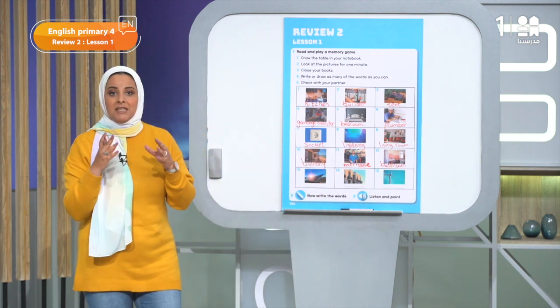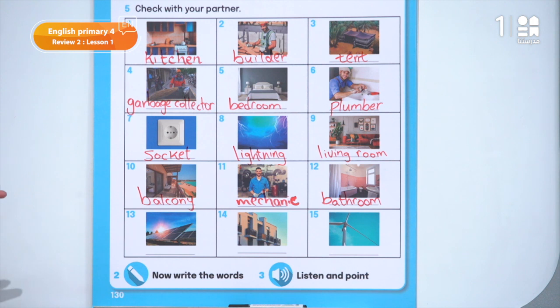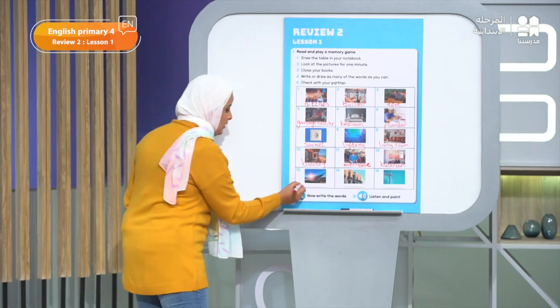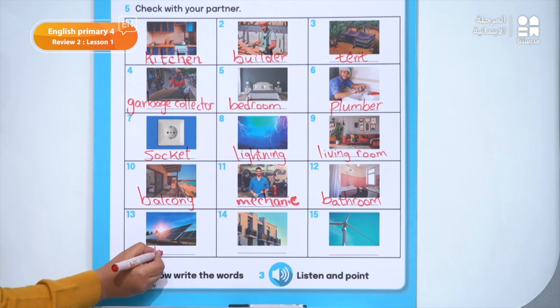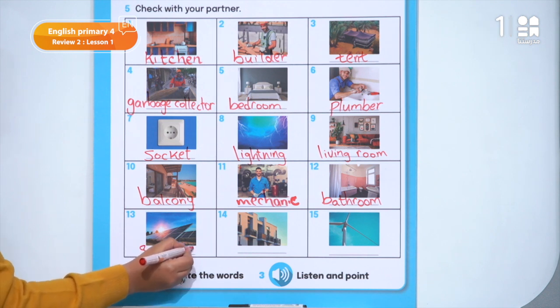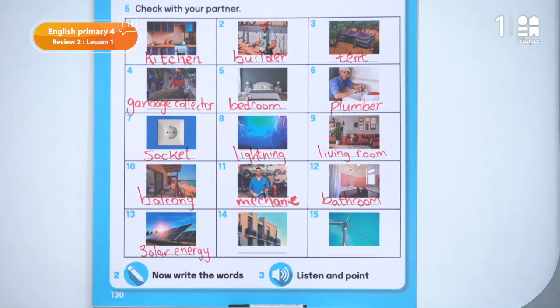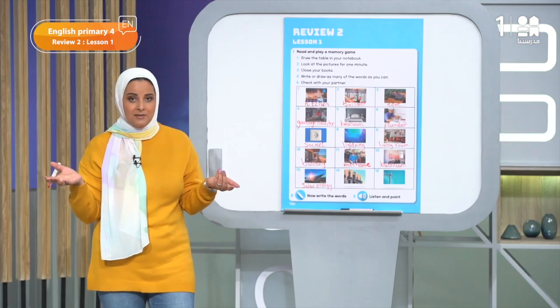Number 13, something related to energy. The energy we gain from the sun, so it's solar energy. Very good, so solar energy. Number 14, what is it?